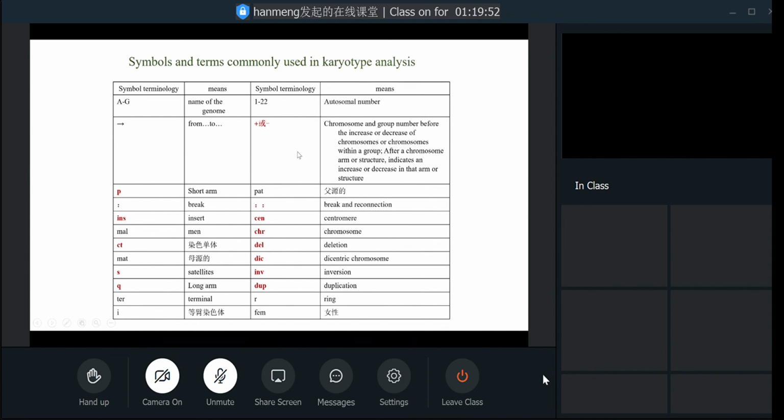In today's class, you should know the A to G groups, the numbers 1 to 22, the arrow, the P short arm and the Q long arm. Then in the next class, on chromosome disease, you should know the break and reconnection symbols like ins, cen, del, inv, or dup.